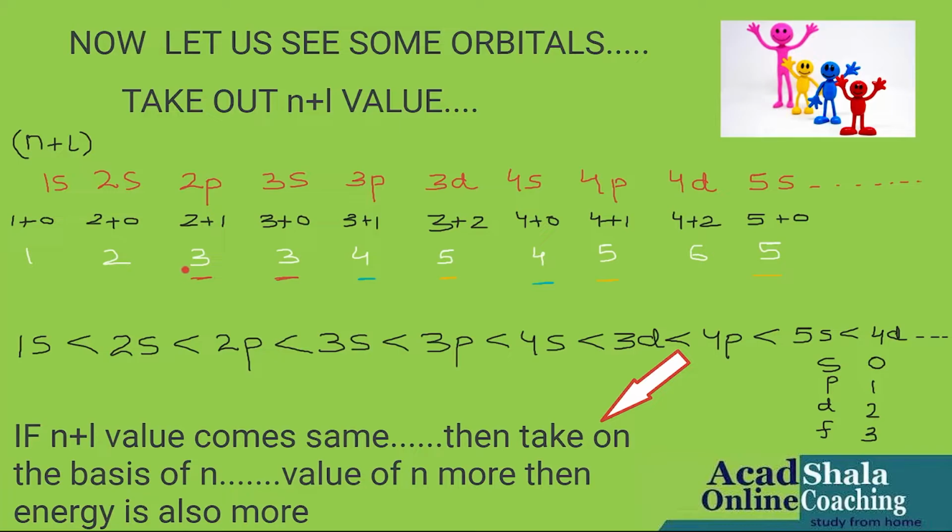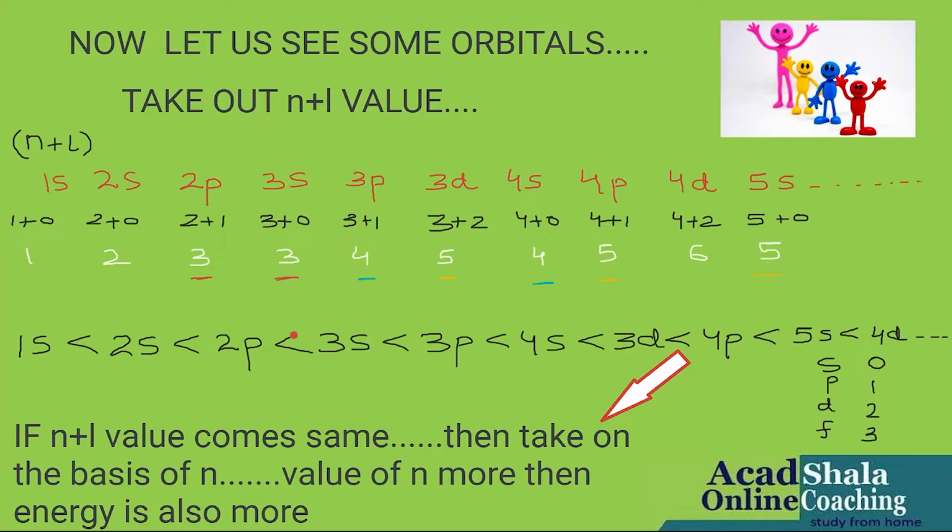Because when the value of n plus l comes out to be same, we are giving importance to the n value, and out of these two orbitals, the n value is lower in this orbital. So the orbital will be filled up first. Out of these two, it will be 2p first and then 3s.